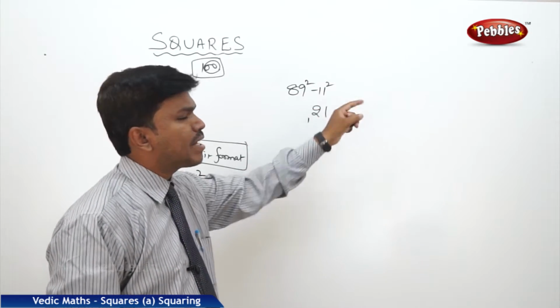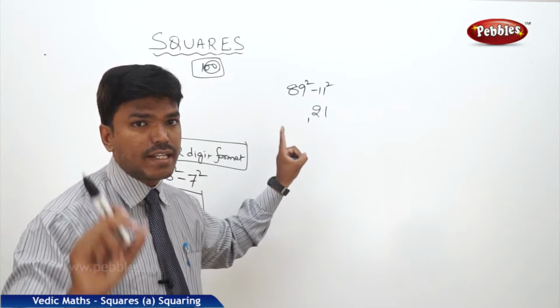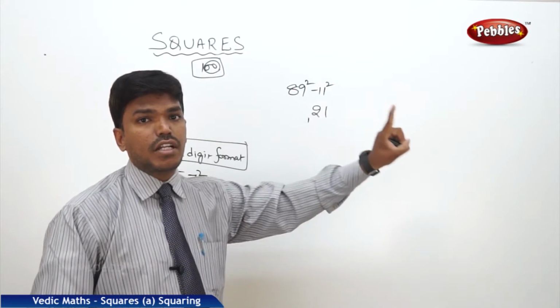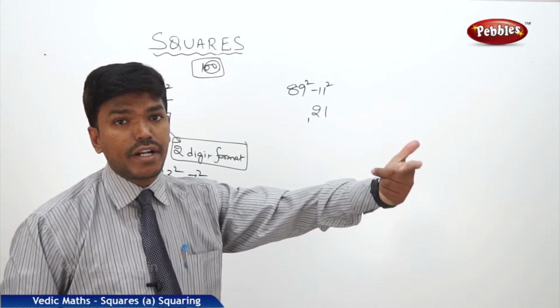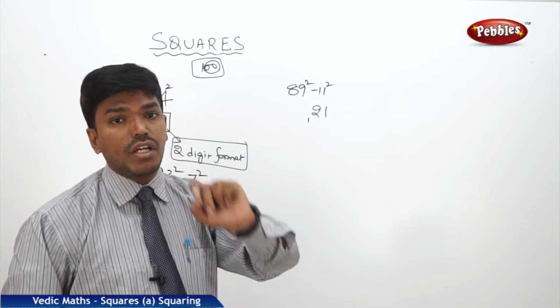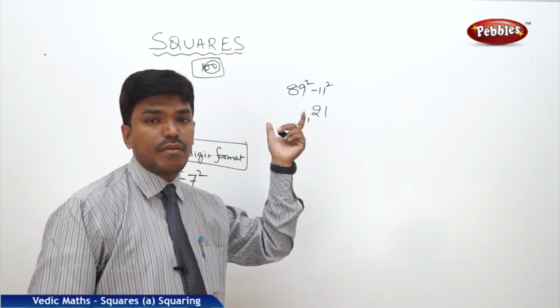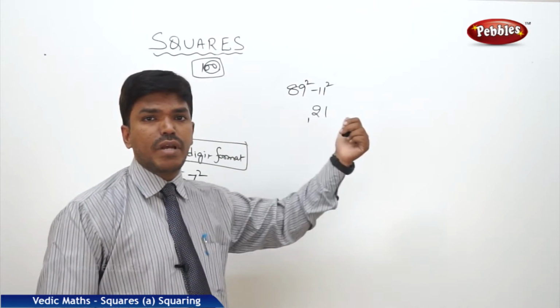Now what is 89 minus 11? What I said, the left side part of the answer we will get by subtracting the deficient digit from the main number. What is the deficient number that you got when you compare the main number 89 with the 100? 11. So what is 89 minus 11?